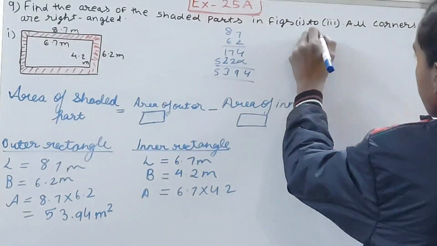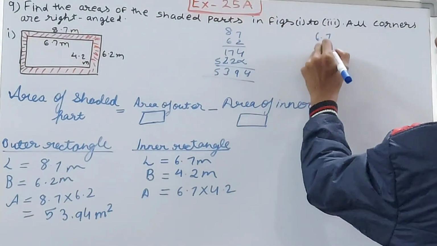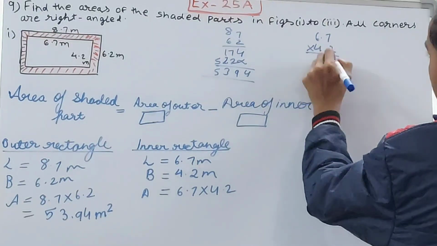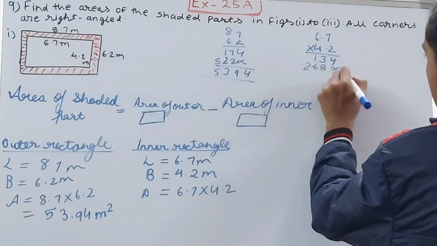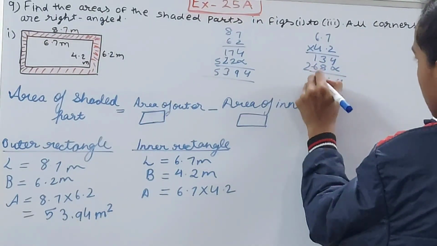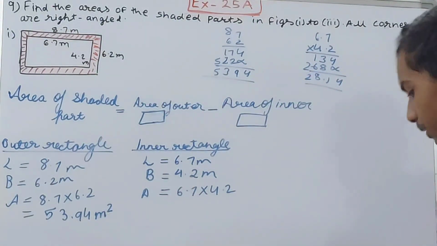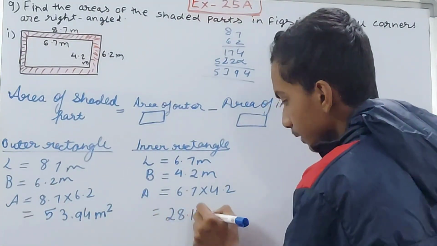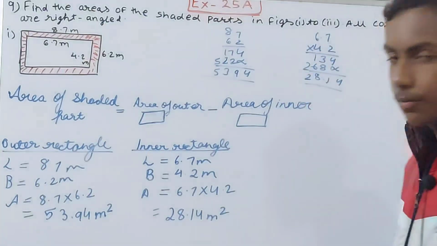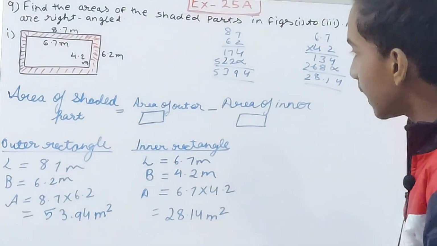Again, let's quickly multiply this. So we will have 28.14 square meters, which is the area of the inner rectangle.